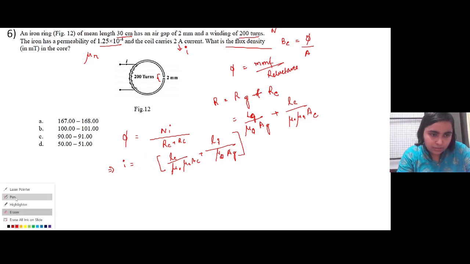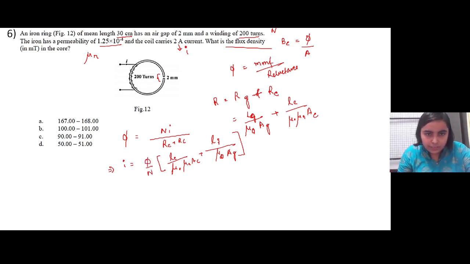So this is phi by N. We have the value of current. Let us take out Ac and Ag, right? Since nothing specific is given in this question, for this area and this area we are considering only the portion which is in line with the iron core, taking it as A, so we'll take this A out.